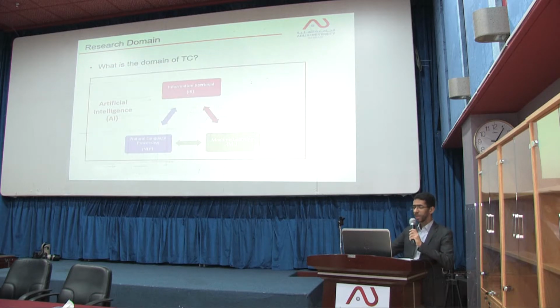The research domain for text categorization combines 3 different fields or subdomains of artificial intelligence. One of them is information retrieval. Another is natural language processing, and the third is machine learning. Each part involves different processes. For example, in information retrieval, how we retrieve Arabic text, in which format, in which representation.